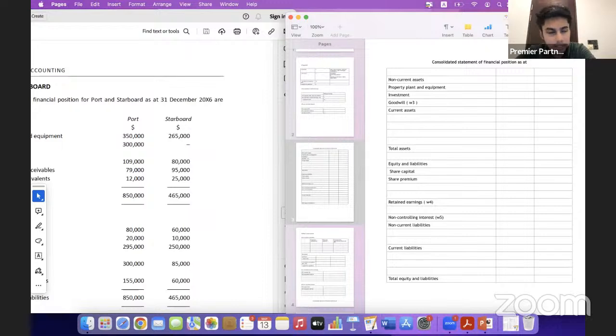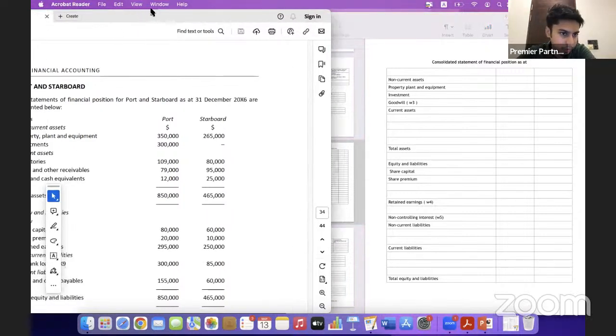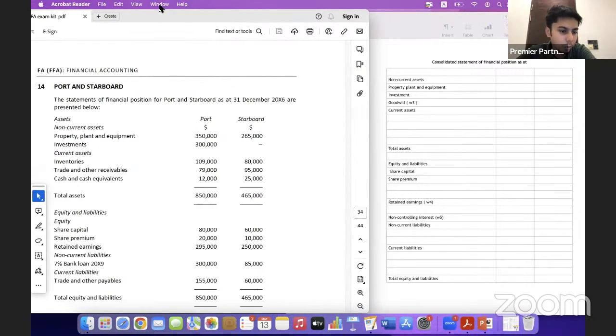So I'll start off with a question from the exam kit called Port and Starboard. First we'll do a question from the exam kit, and then we'll try to do a specimen CBE question like the one that is given inside your platform. A sample question is given.